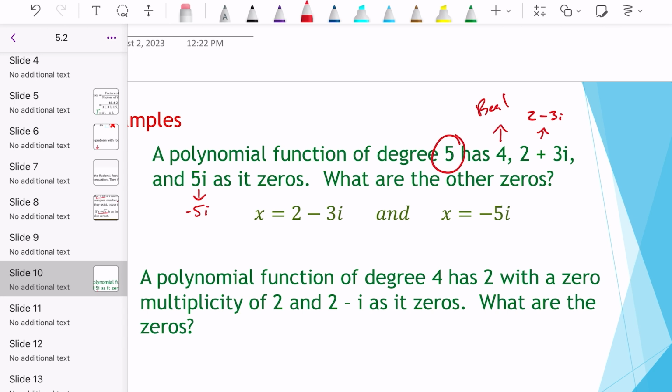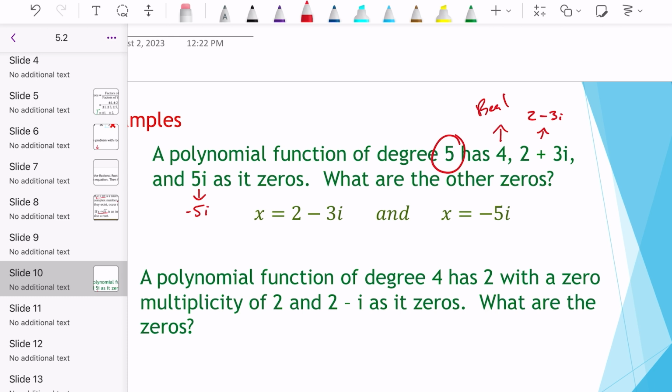Those would be our 2 answers, because notice they're asking for what are the other zeros. So they're not asking for you to list all 5. They're just looking for the missing 2 answers or roots for this problem. Try to work on the bottom one on your own.